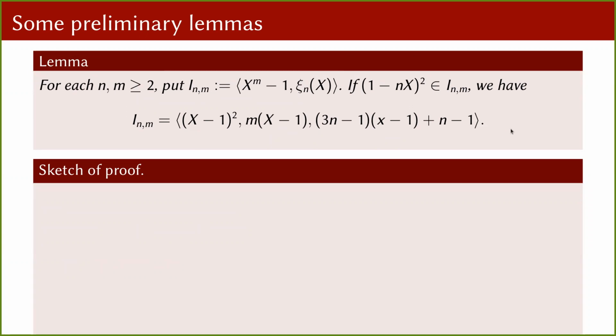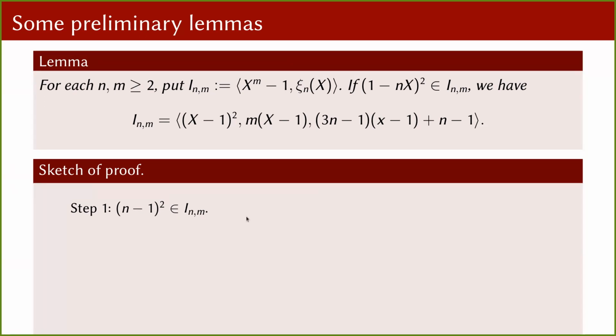Okay, and this is again a technical result, but I do want to stress some parts of the proof, which involves many calculations, but especially the first step. So what we see first is that in this ideal, assuming that 1 minus nx is there, then (n minus 1) squared is an element there too.